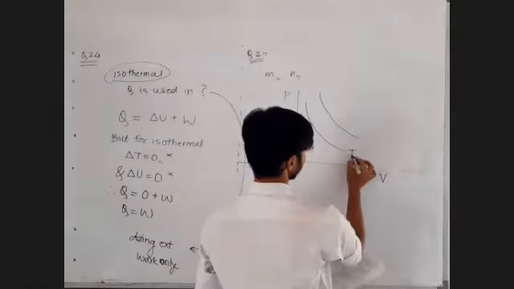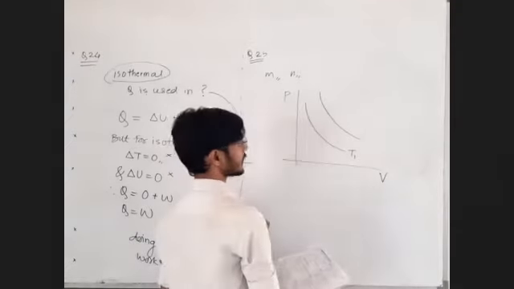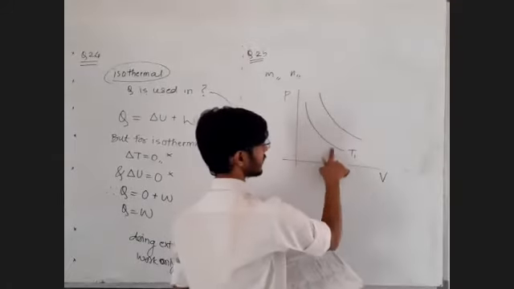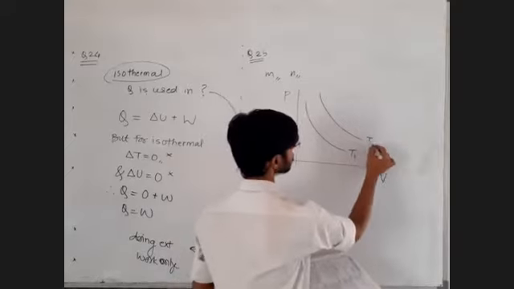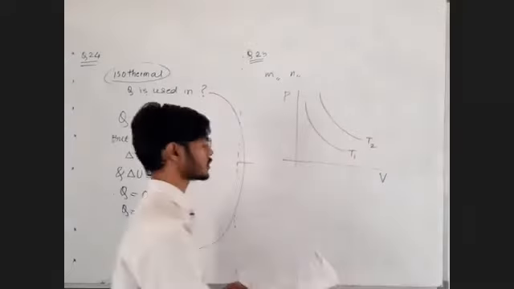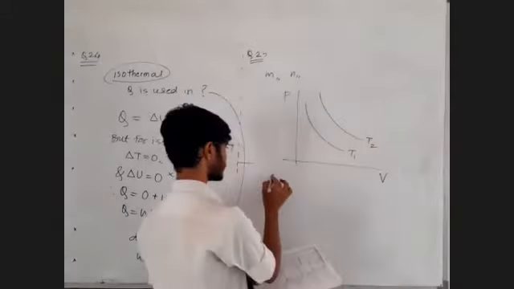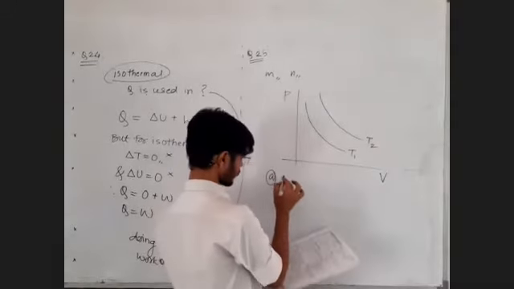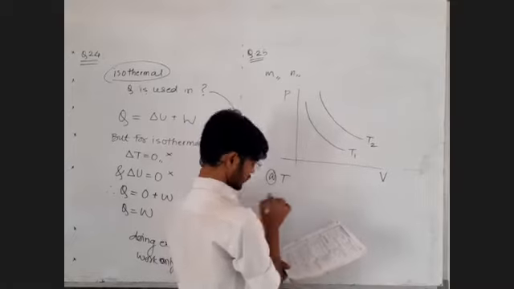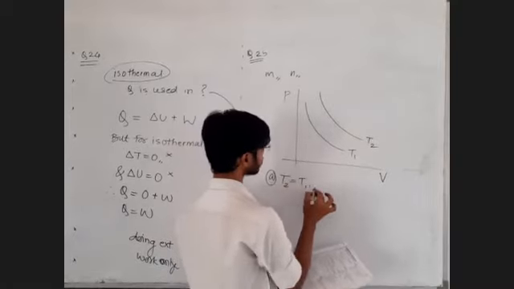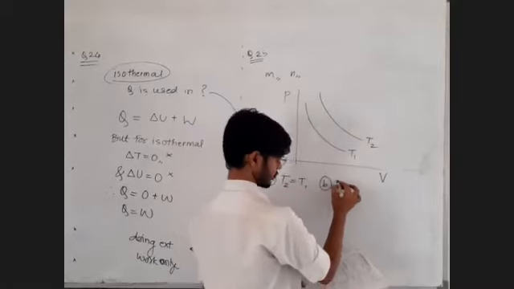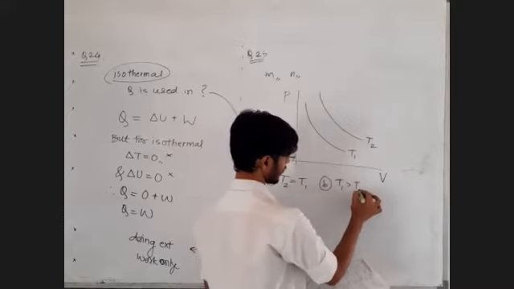This curve was drawn when temperature was maintained constant at T1, and this curve was drawn when temperature was maintained constant at T2. Then what is the relation between temperatures? Option A, T2 equals T1. Option B, T1 more than T2.